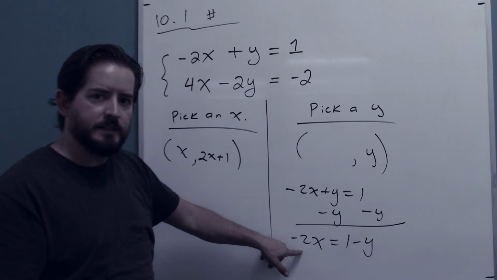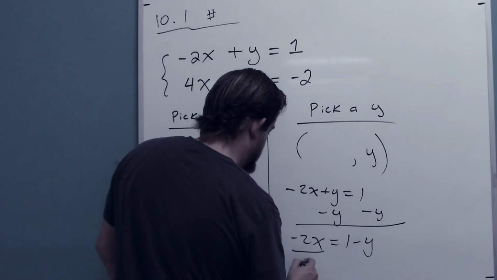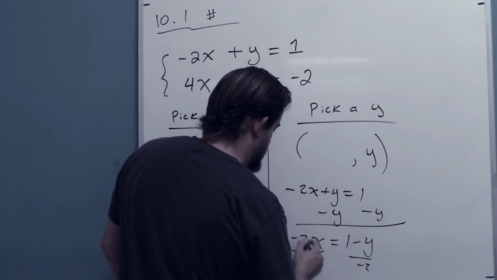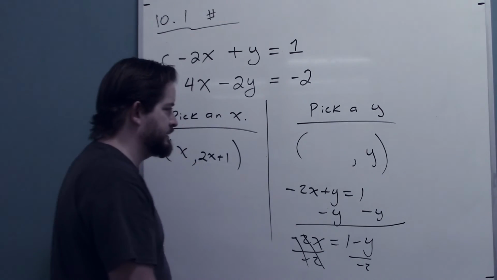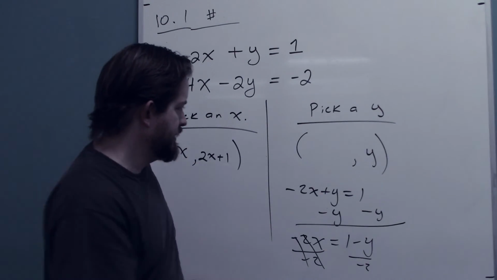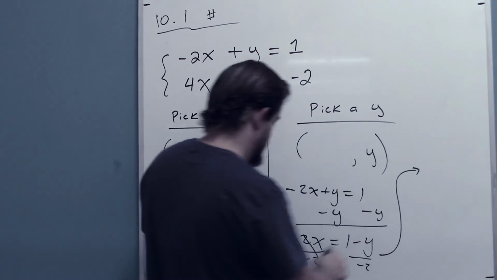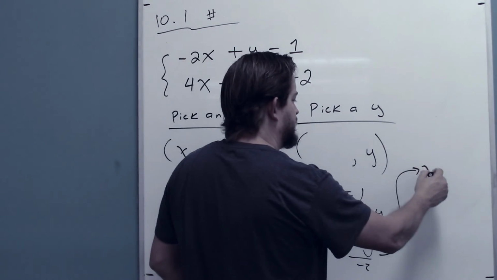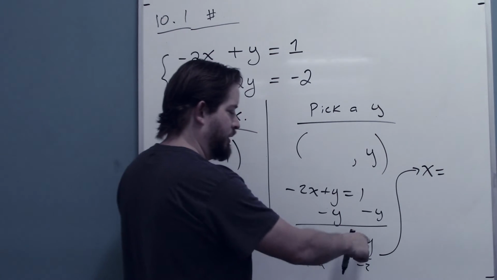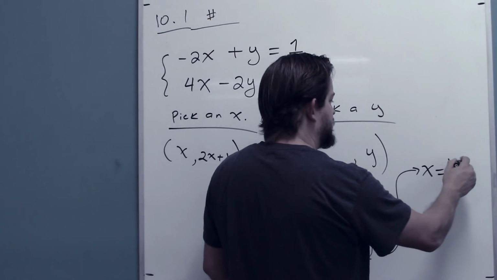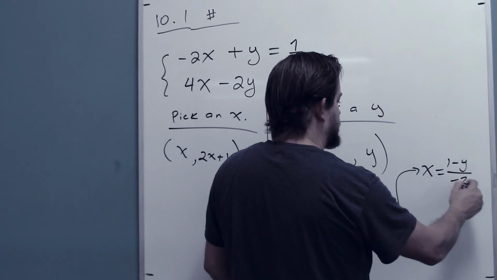And then if I divide each side by negative 2, I've isolated the x on the left. This is getting a little messy. On the right, I have 1 minus y over negative 2. Okay.